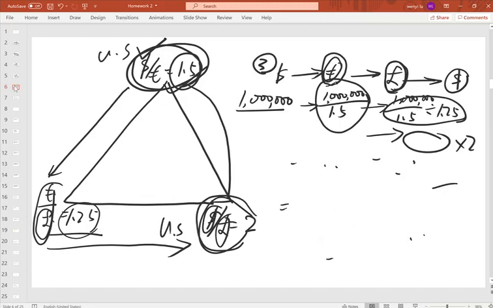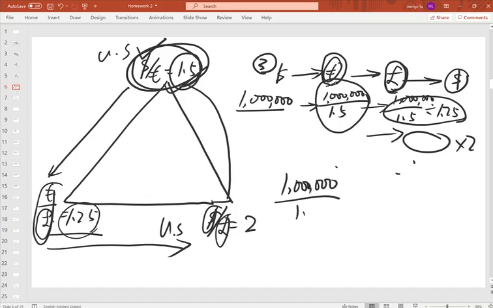So I have the $1 million, divided by 1.5, then also divided by 1.25, and finally times the 2. So what's the number you get? Finally, you get $1,066,666.67.